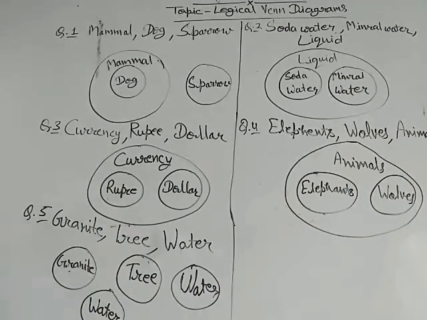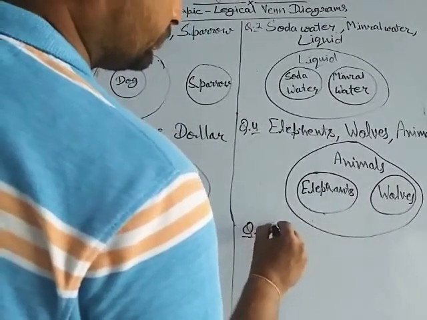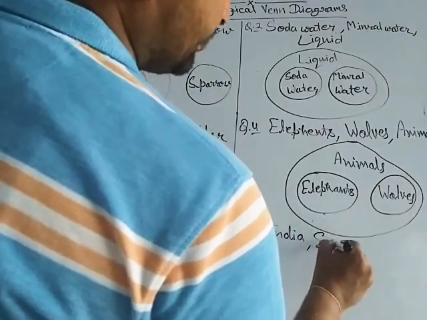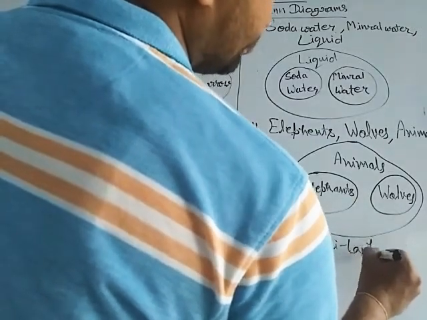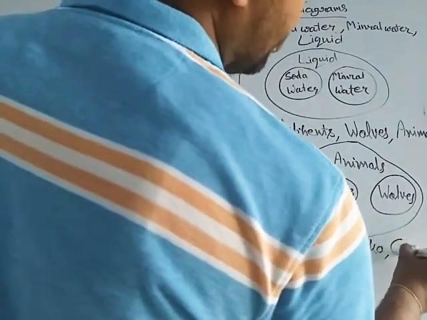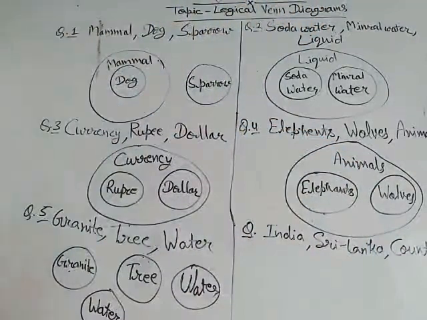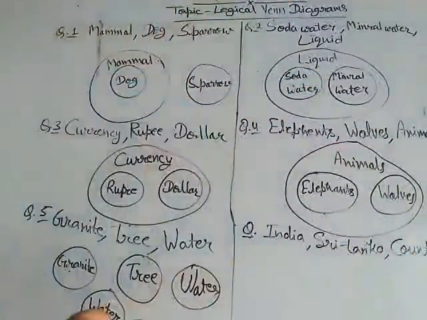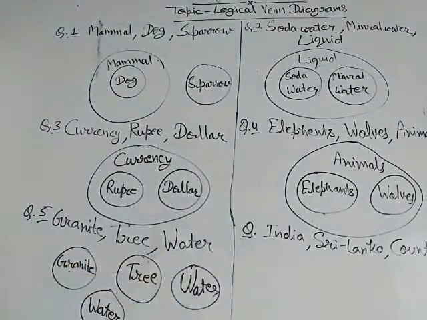Now question number 6: India, Sri Lanka and country. We have to draw the Venn diagram for India, Sri Lanka and country. Let's see.